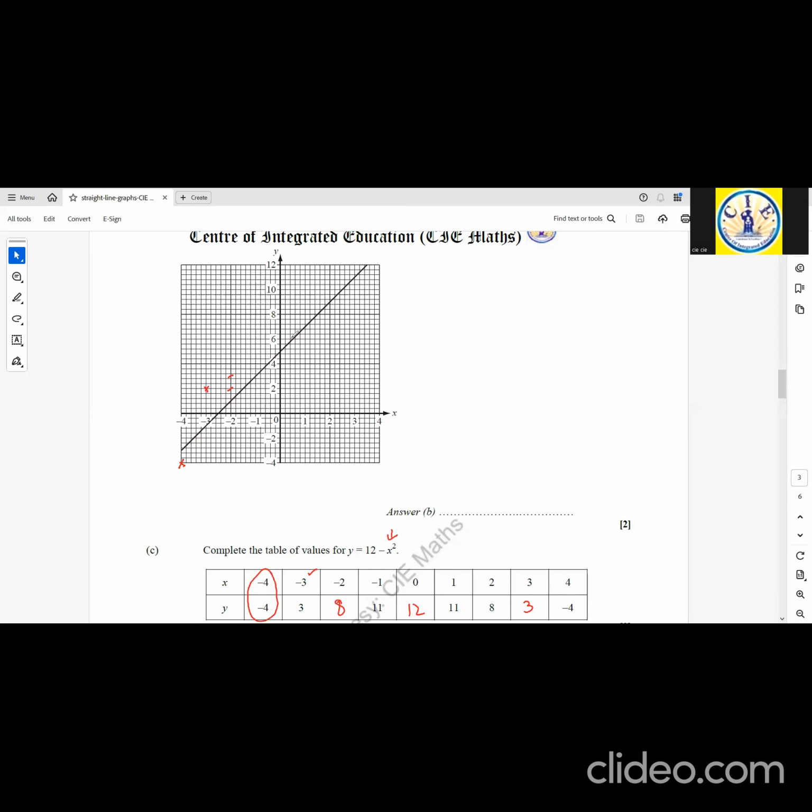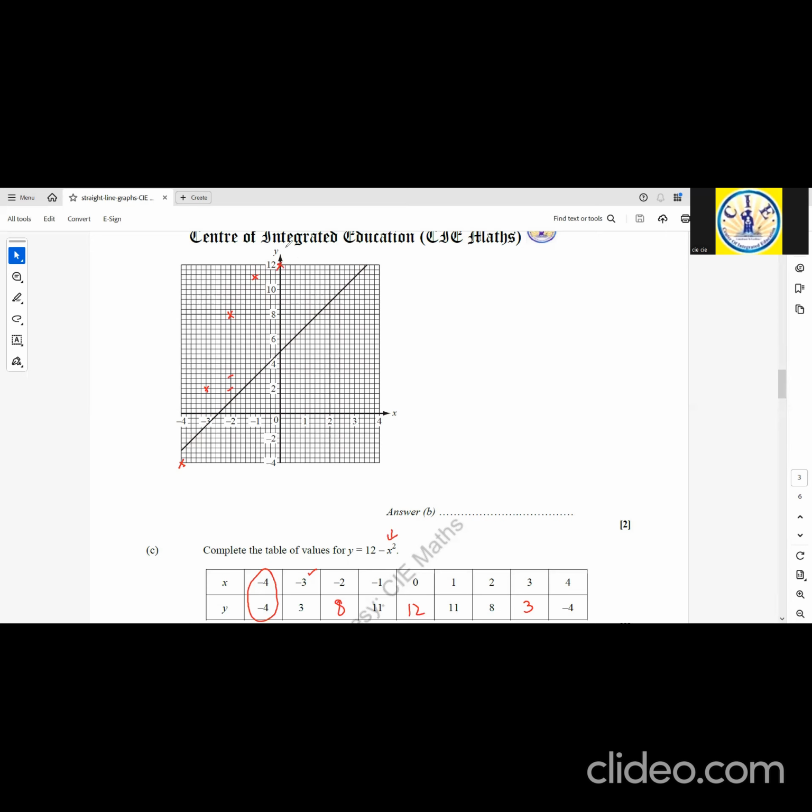Then -2 corresponds to 8. So this is the point. -1 corresponds to 11, in between 10 and 12. This one. Then 0 corresponds to 12. This one.